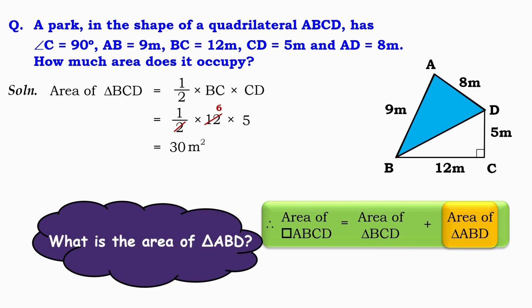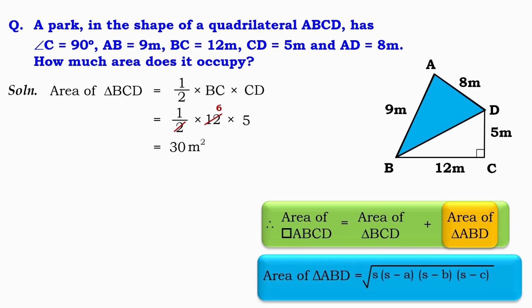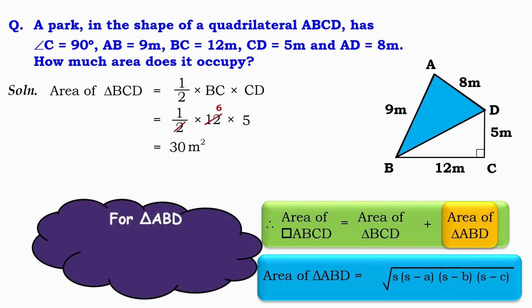Now we need to find the area of the triangle ABD. In this case, we have to apply Heron's formula, that is square root of s into s minus a into s minus b into s minus c. Now for triangle ABD, AB is given, that is 9 meter.